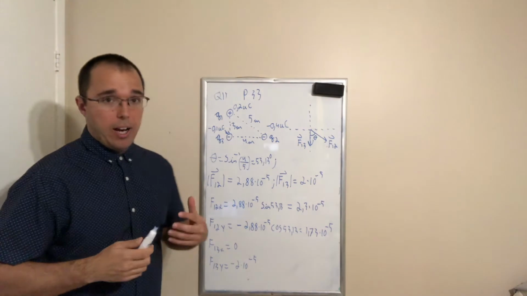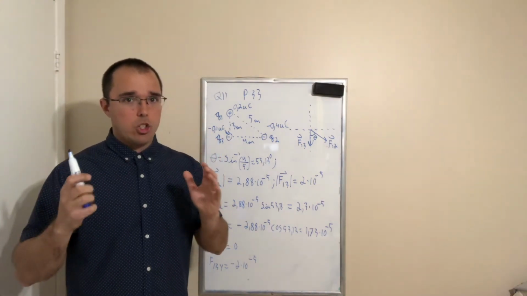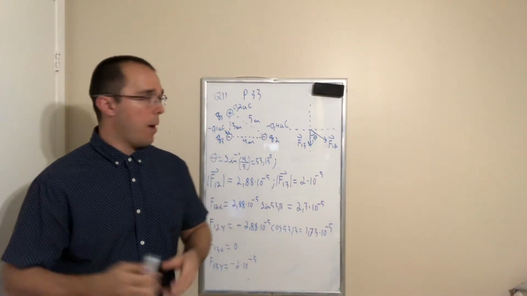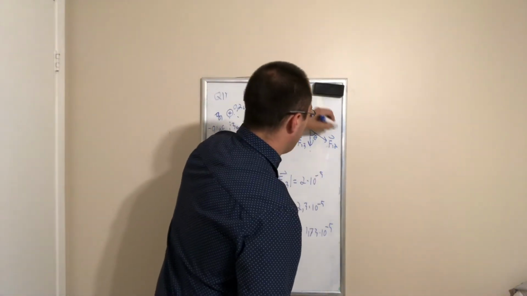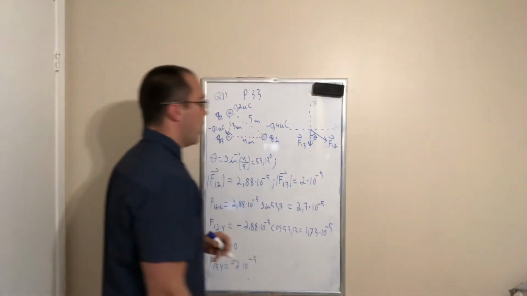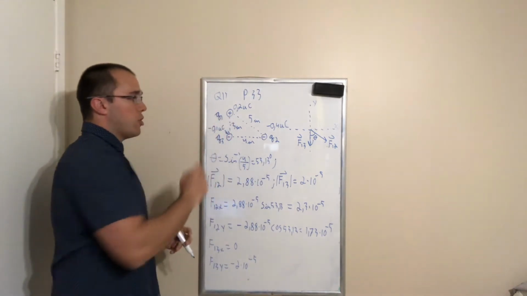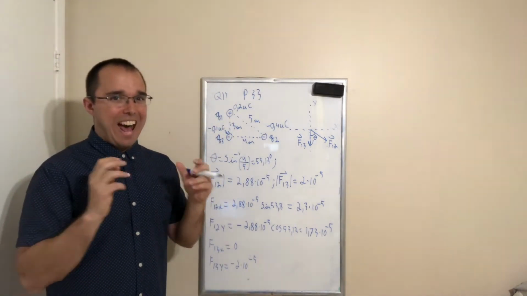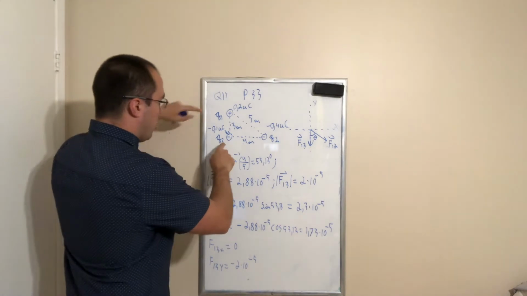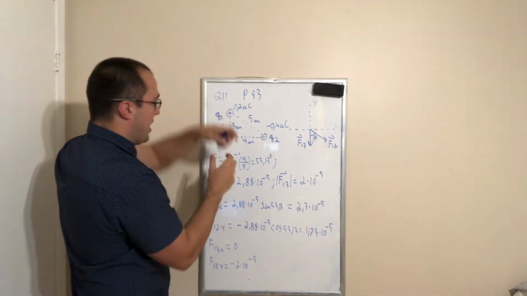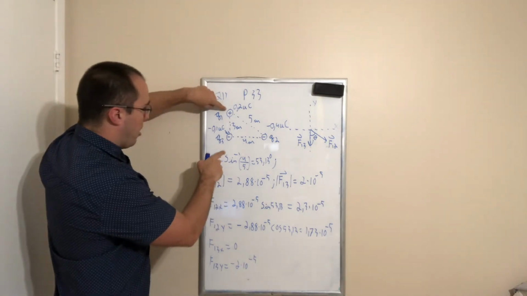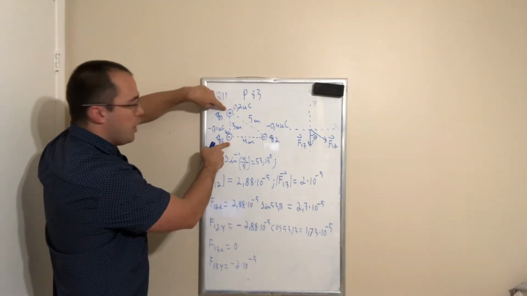Now, in order to find the net force, it's always a good idea to draw a force diagram. So here we draw our x and y axis. From the point of view of the first charge, there are two forces acting on it. There's the force from the third charge on the first charge, and since the first charge is positive and the third charge is negative, they will attract each other.